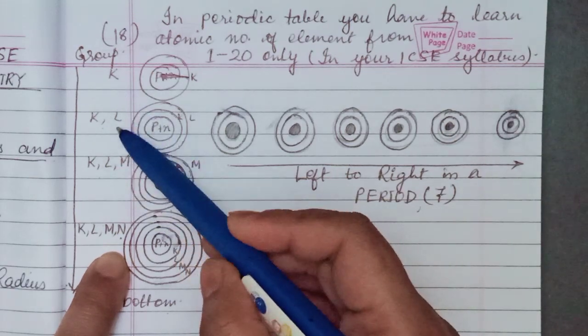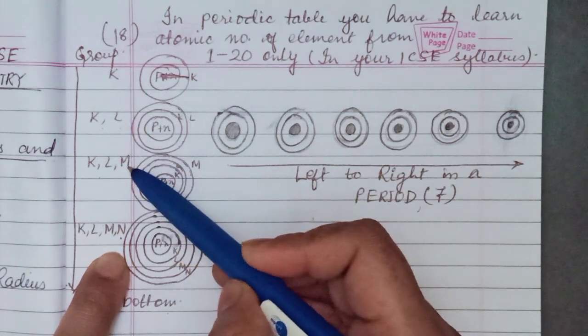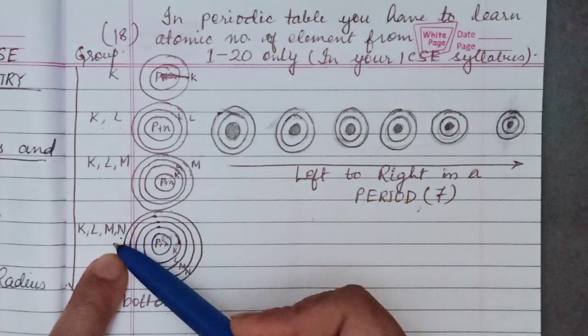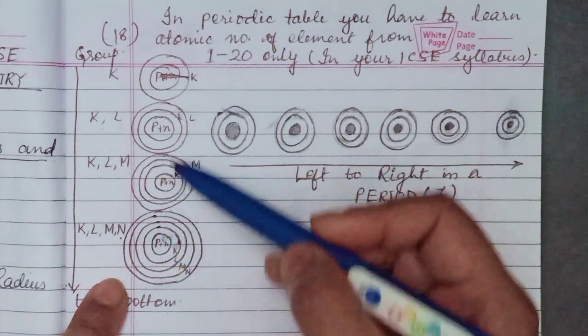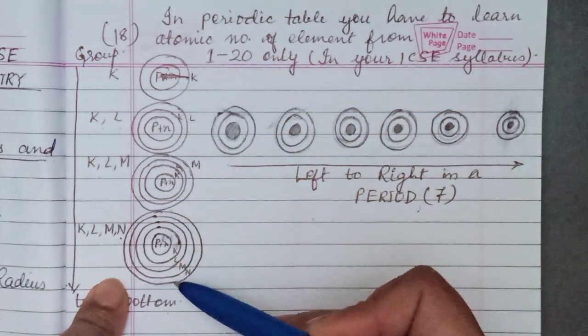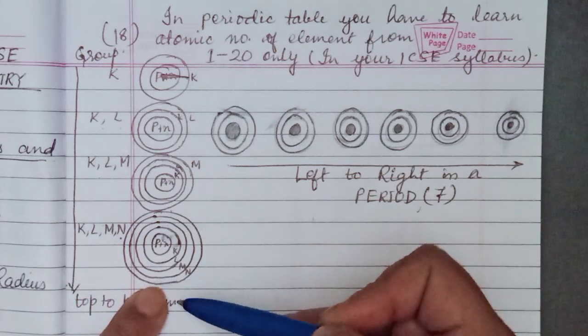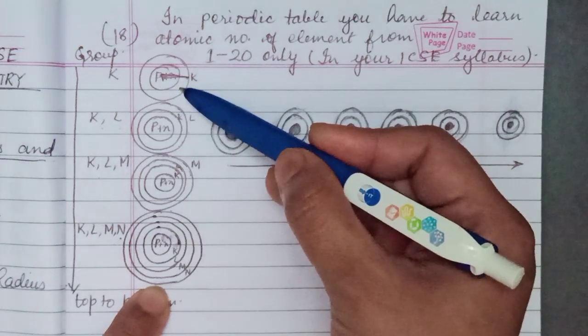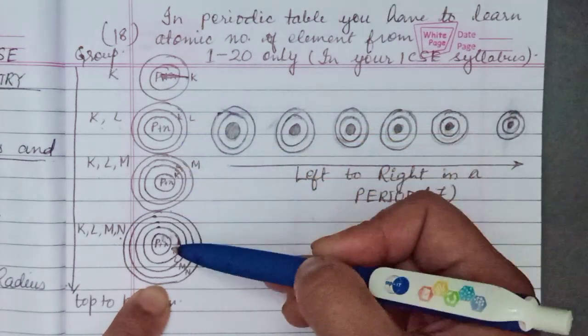Like K, L has been added here. Then after L, M has been added. Now next N has been added. So you can see when we are moving down, one shell has been added over here. So now you can easily identify that when we are going down, the size of the atom is increasing.